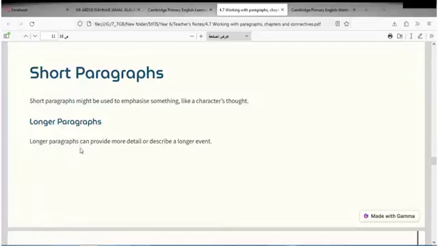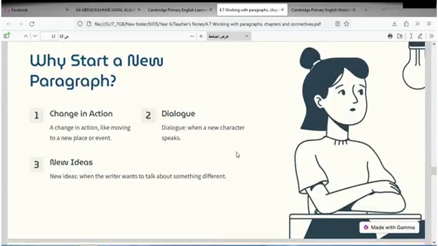While longer paragraphs are used for more details, to explain more and to describe longer events. Remember, we change paragraphs when we have a change in action, new ideas, dialogue, a new theme, new place, new time, new character, and new mood.